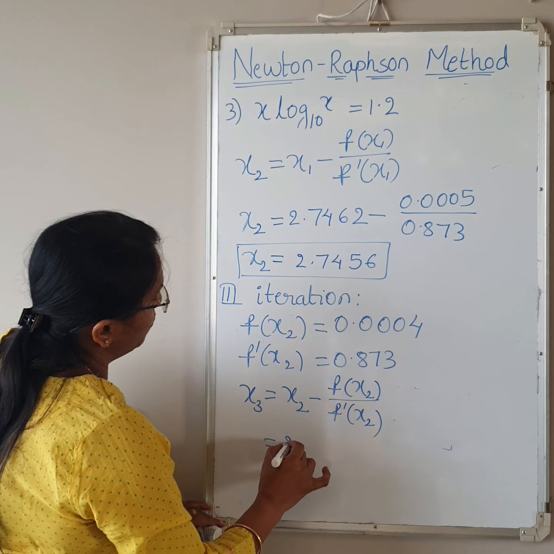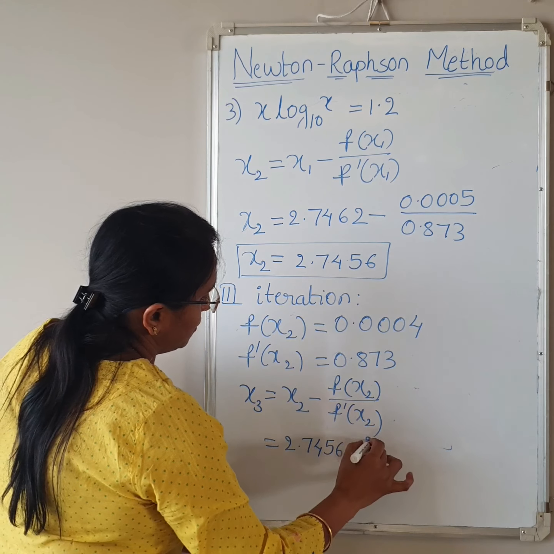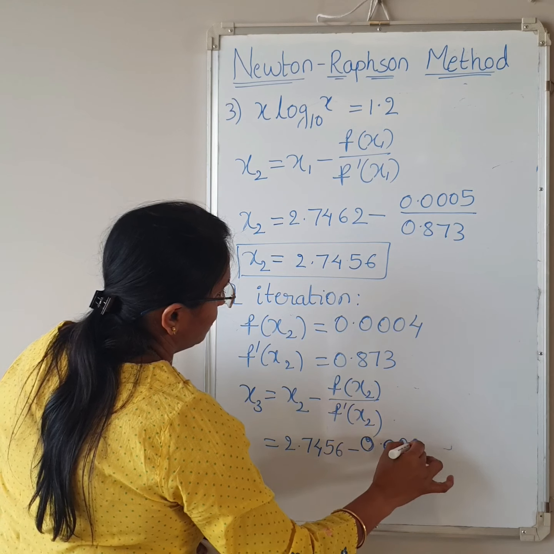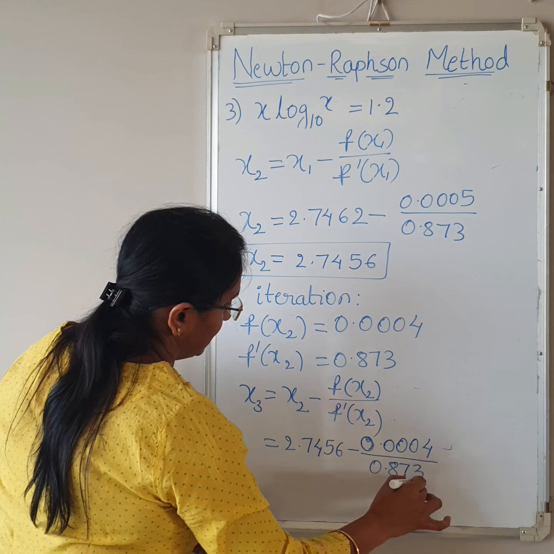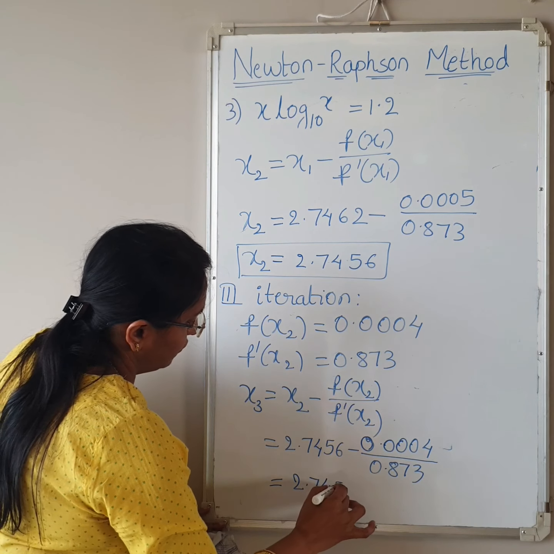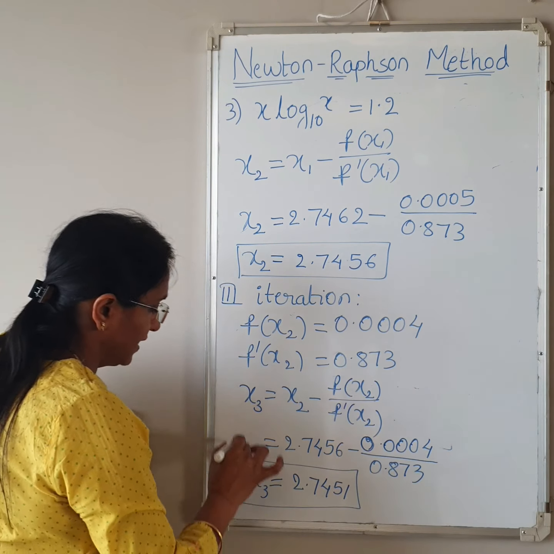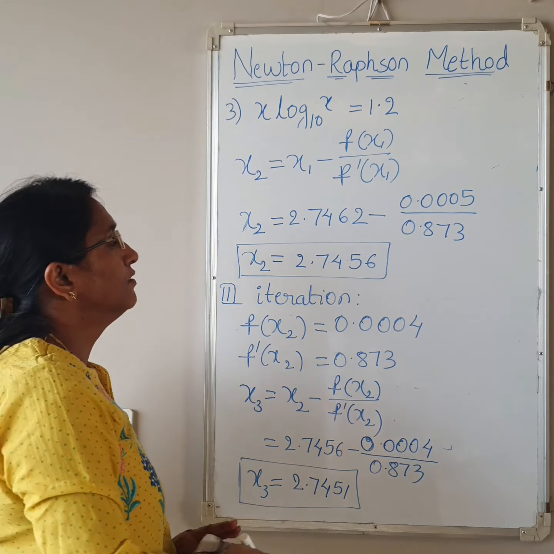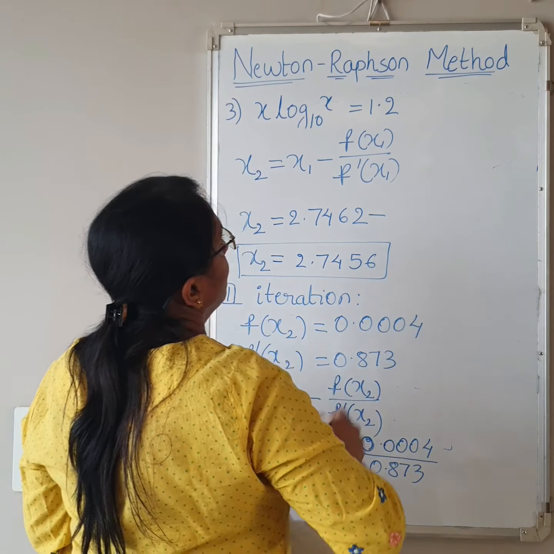So x2 is 2.7456 minus f of x2, which is 0.0004, divided by 0.873, and its value is 2.7451. So this is x3. Finally, you have to write the answer. The root is x is equal to 2.7451.